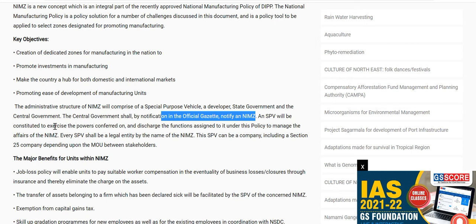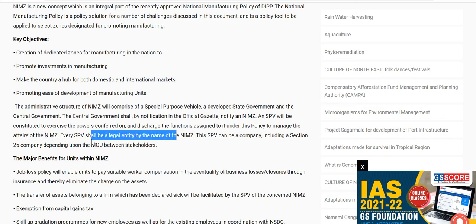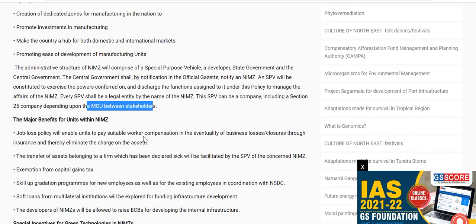An SPV would be constituted with all the legal powers to discharge its functions and manage the affairs of the National Investment and Manufacturing Zone. The SPV shall be a legal entity by the name of NIMZ, and it will be a company, including a Section 25 company, depending on the Memorandum of Understanding between stakeholders.